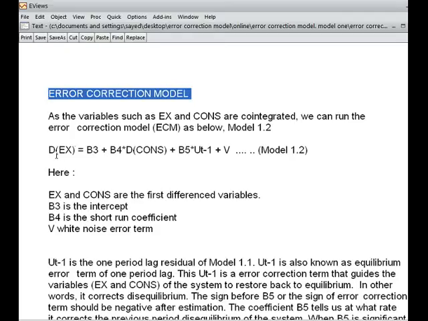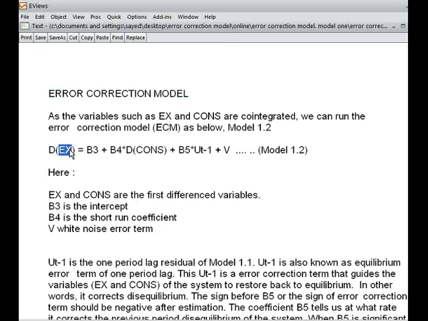So what I have done, I have converted ex into first difference, right? Dex. Dex means first difference of ex. So this variable becomes stationary. And then B3, what is B3?